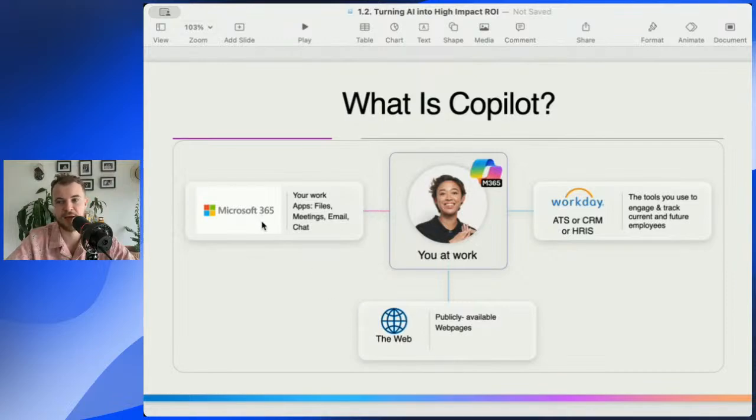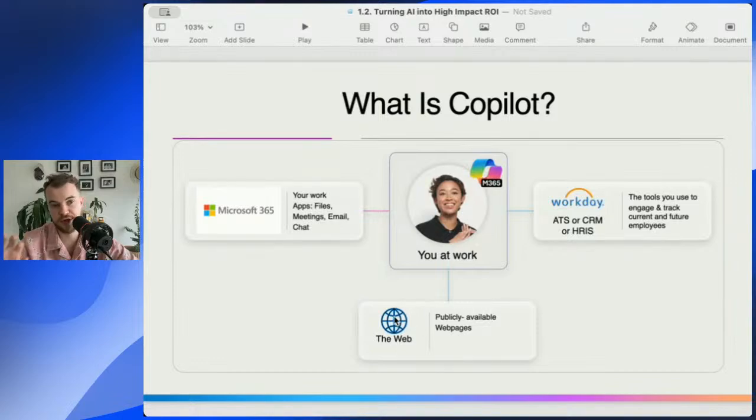So let's say you are wanting to do a re-engagement campaign of old candidates that are in your ATS, and you're hiring for a new unit that's just opened, say a few new OR rooms, and you need operating room nurses and surgeons.